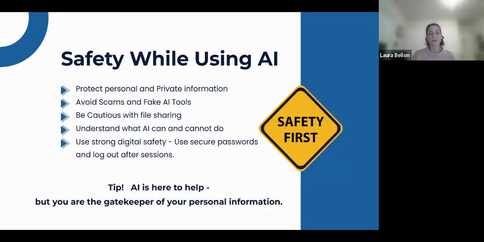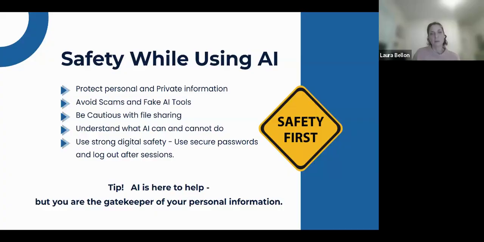So if we want it to create something, we want to make sure that we're aware of copyright infringements, things like that. And we want to make sure that we continue to use strong passwords for things that are personal and private and our own documents, and that we log out after a session so it's not left open, especially if we're using public technology like laptops and computers.